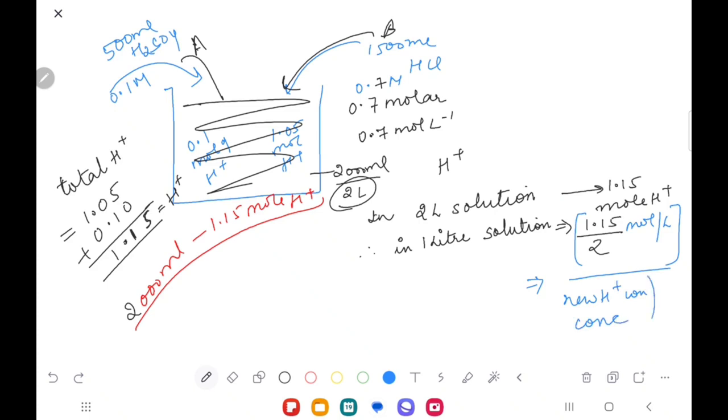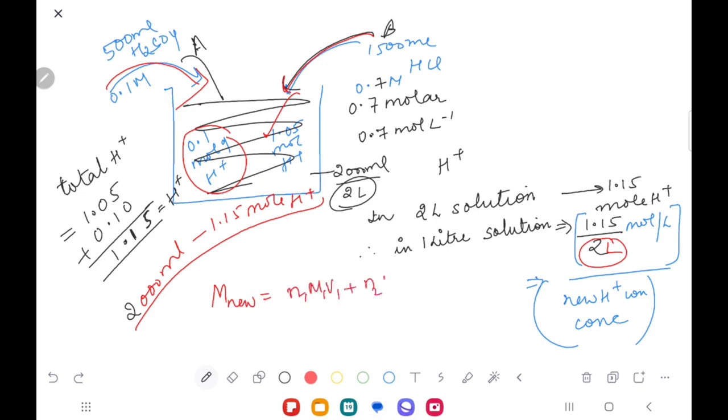Now, understand, whatever I have done up till now, I am trying to find out how many H plus is coming from one beaker, how much H plus is coming from another beaker, and then dividing it with the total volume. That's what this new formula gives you. So molarity new would give me, straight away, N1 M1 V1 plus N2 M2 V2 over V1 plus V2.